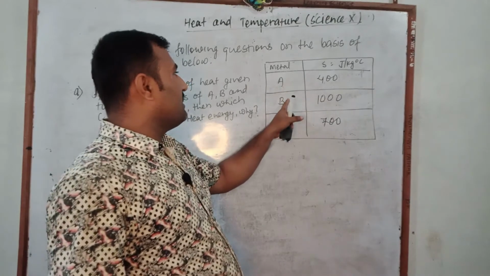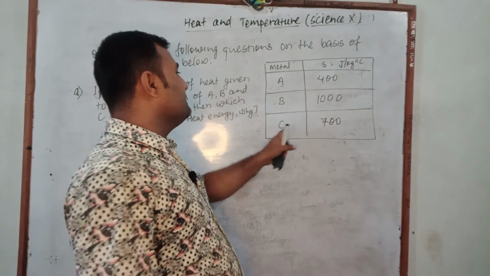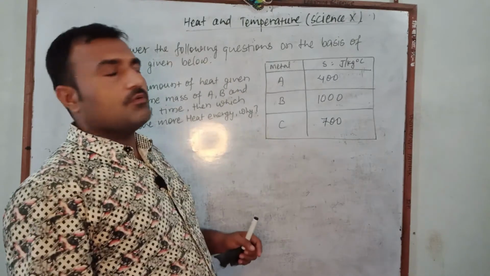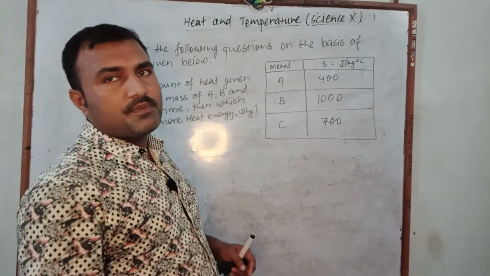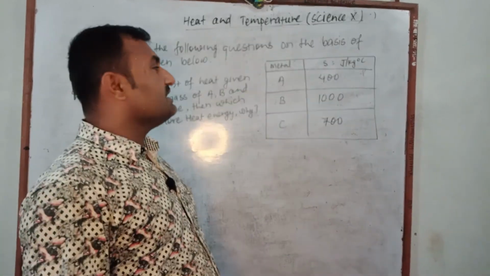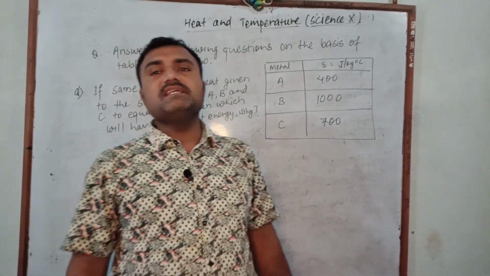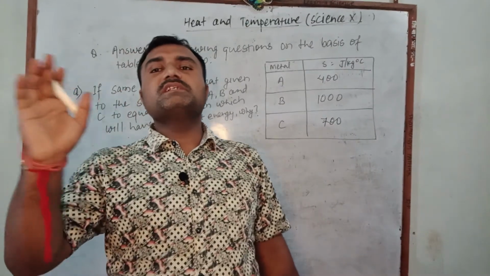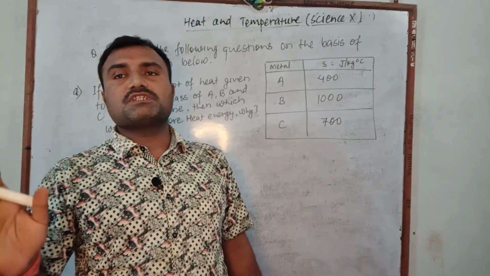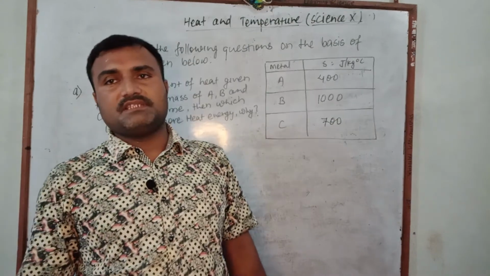Three materials A, B, C of equal mass are heated by the same quantity of heat for the same time. Then which will have more heat energy? In the definition of specific heat capacity, we discussed that the amount of heat energy lost or gained by a body depends upon its specific heat capacity.